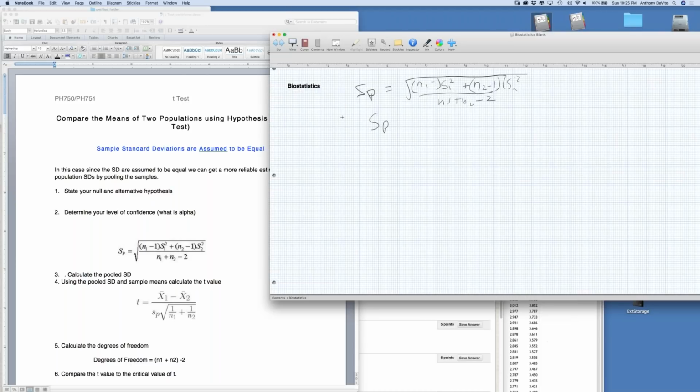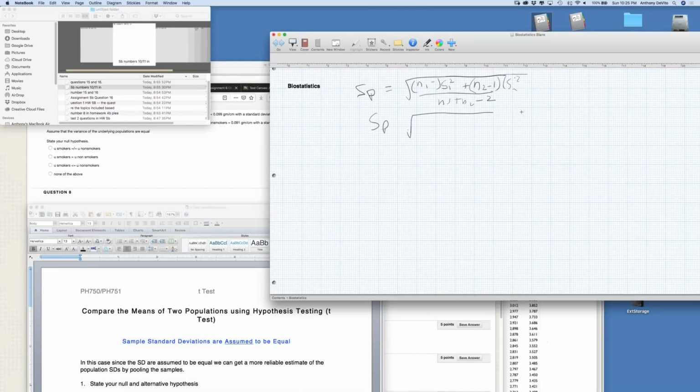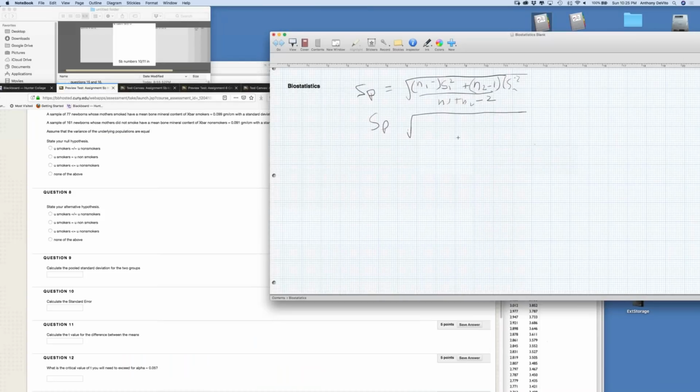Okay, so our pooled standard deviation in this case is equal to, let's write it all in there. The sample sizes were 77 and 161. So n1 minus 1 is 76, right? And n2 minus 1 is 160, right?